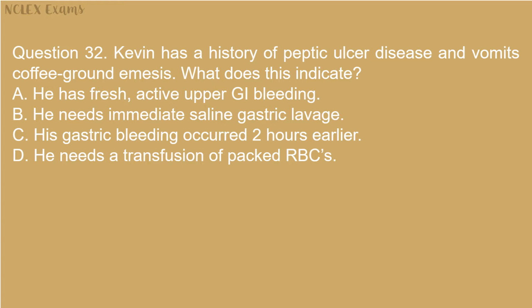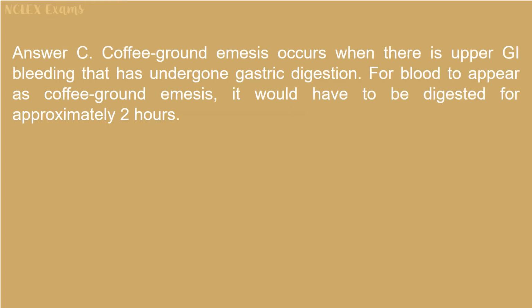D. He needs a transfusion of packed RBCs. Answer C. Coffee ground emesis occurs when there is upper GI bleeding that has undergone gastric digestion. For blood to appear as coffee ground emesis, it would have to be digested for approximately 2 hours.